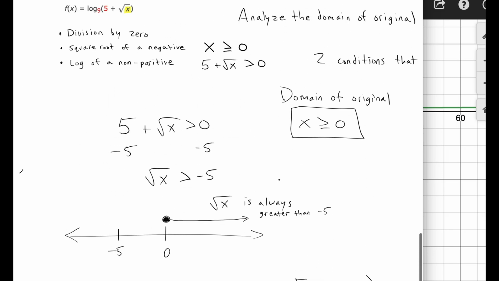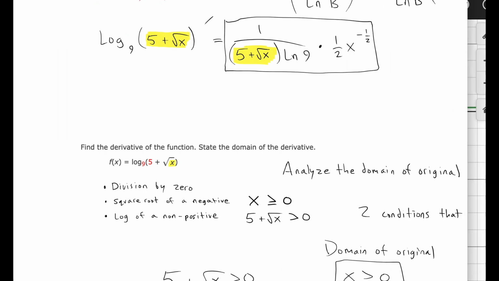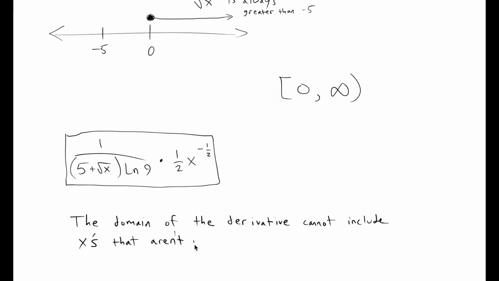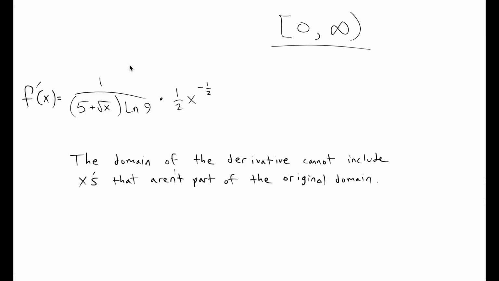Now we have to analyze the domain of the derivative. So this is the derivative. First of all, the domain of the derivative cannot include x's that aren't part of the original domain. We're limited, right at baseline, to 0 to infinity. This x to the -1/2, I'm just going to rewrite as 1 over 2 radical x.